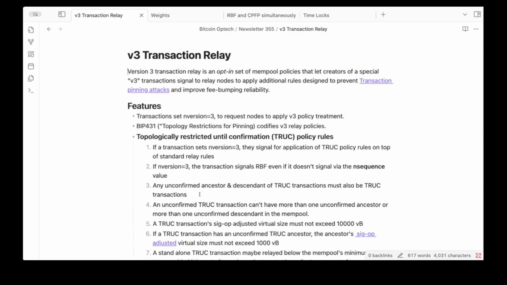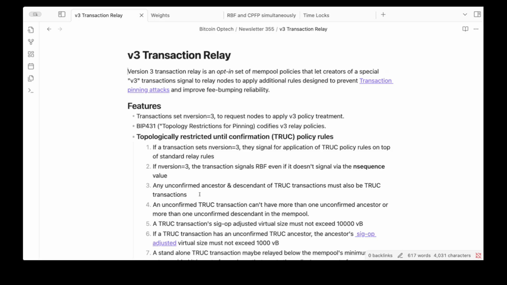These V3 transaction relay policies are being developed in order to prevent these kinds of attacks and to improve fee bumping reliability. When you set the version number of your transaction to 3, you are requesting the nodes to apply V3 policy treatment to that particular transaction.